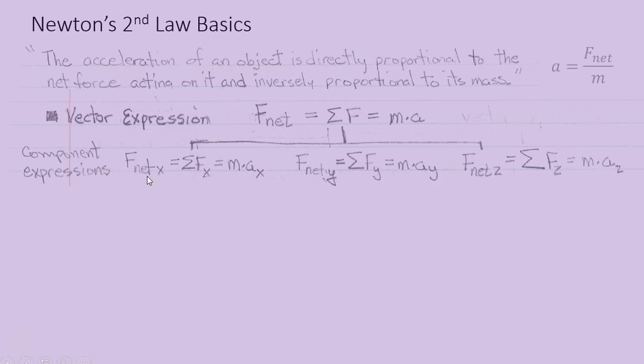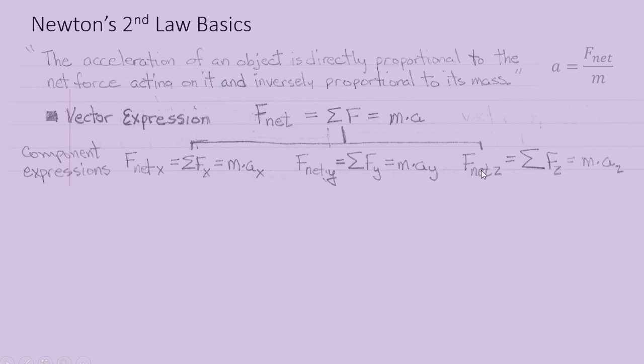The net force in the x or horizontal dimension is equal to mass times the acceleration in the horizontal dimension. The net force in the vertical dimension, also known as the y component, is equal to mass times the acceleration in the y component.